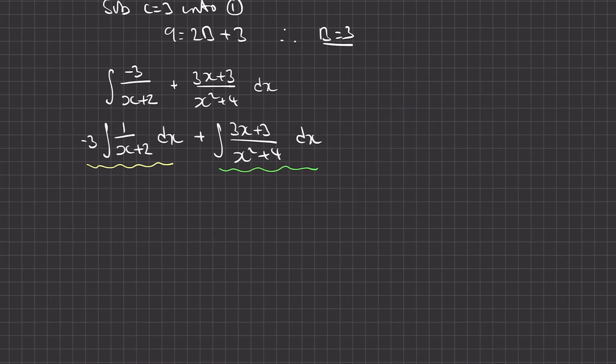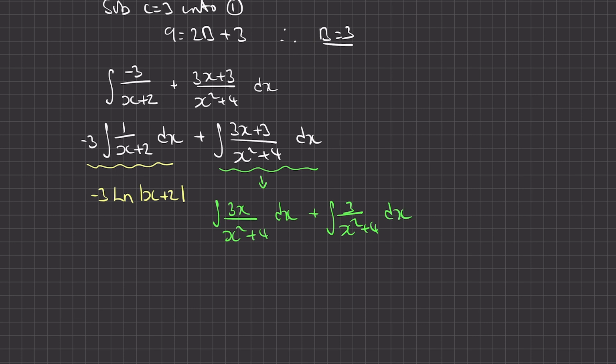So now we know the integral of 1 over x plus 2 is a ln function. This becomes minus 3 ln of x plus 2. And the green part becomes the integral, and I can split up the x and the 3 terms. So the integral of 3x over x squared plus 4 with respect to x plus the integral of 3 over x squared plus 4, again with respect to x.